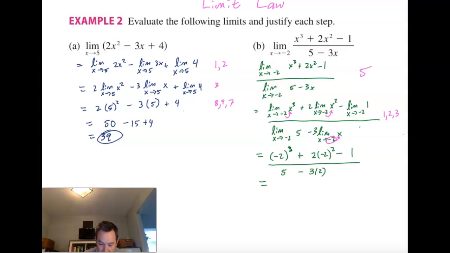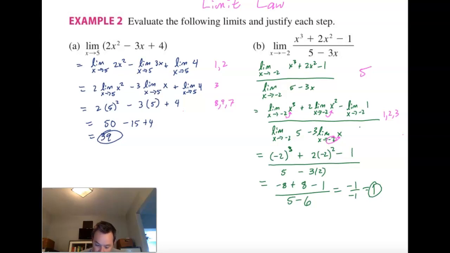All right, so we end up with negative 2 to the third is negative 8, plus 2 times negative 2 squared is 8, minus 1, over 5 minus 6, negative 1 over negative 1, which is 1.